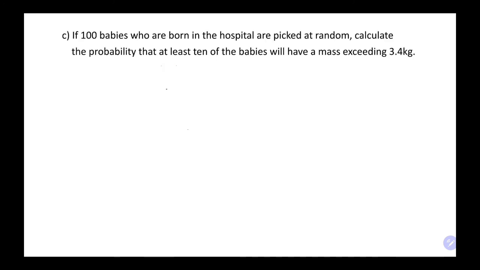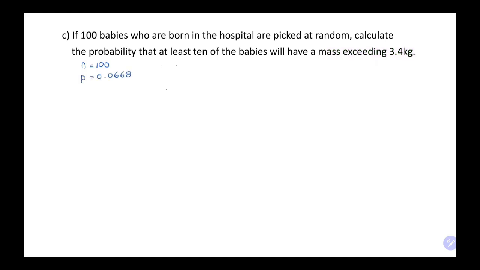And we continue with the last question. If 100 babies born in the hospital are picked at random, calculate the probability that at least 10 of the babies will have a mass exceeding 3.4 kg. The total number of babies is 100, so n equals 100. The probability is still for babies with a mass exceeding 3.4 kg, so we use the previous p, 0.0668.